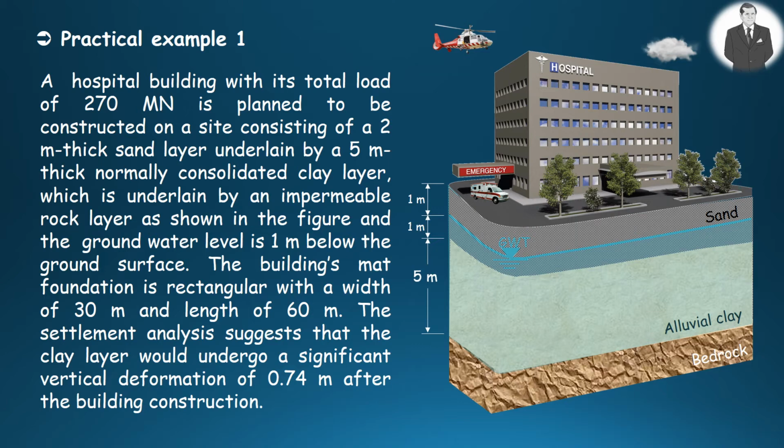The building's raft foundation is rectangular with a width of 30 meters and length of 60 meters. The settlement analysis shows that the clay layer would undergo a significant vertical deformation of about 0.74 meter after the construction of the building.